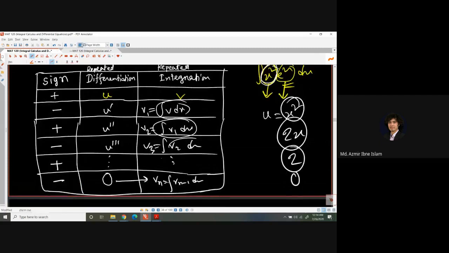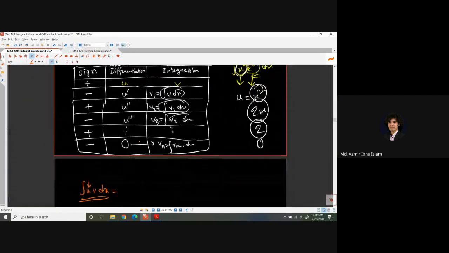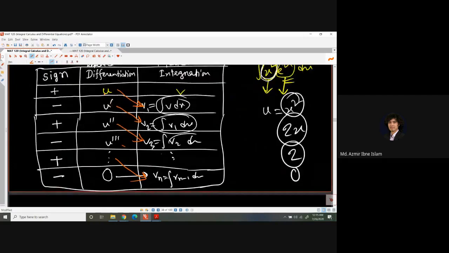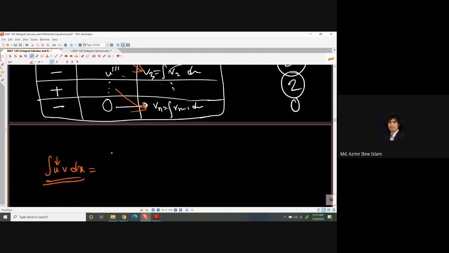So what we have to do, we have to multiply by this way, first part with this one, then this. You can say this is one kind of cross multiplication. So that means what I am trying to say, multiplication of u times v1, these two will correspond, u prime and v2 will correspond, u double prime and v3 will correspond, and this process will go on.